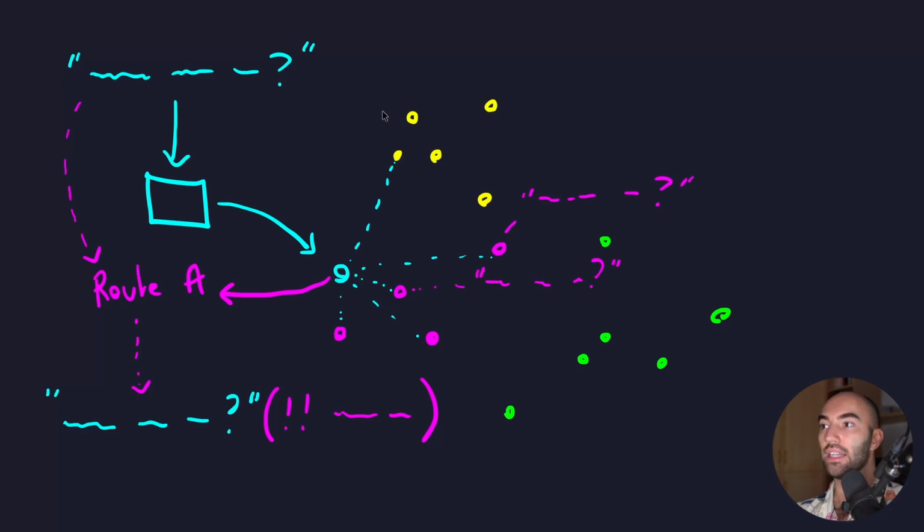The reason I say that is because there's a very obvious weakness with this, which is it's very hard to predict all the ways that a user is going to try and hack your system to say something that you don't want it to say. And actually, not all the time, but in many cases, it can be much easier to predict what the agent should not say, or the LLM should not say.